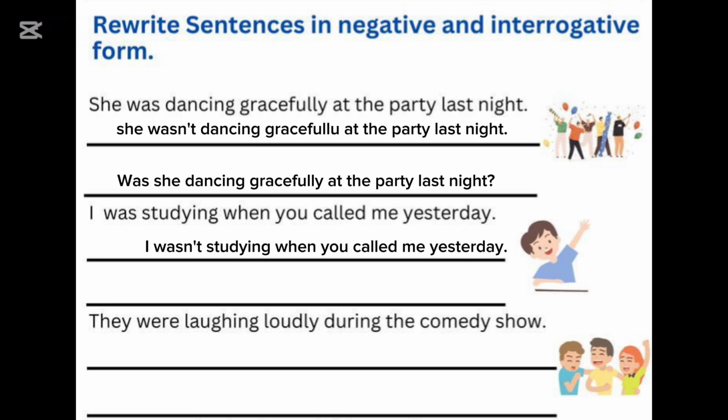For the interrogative form, we should do as we did before, just change the subject and the verb to be positions. Think about it. Yes, excellent. It is. Was I studying when you called me yesterday? Ending it with a question mark.